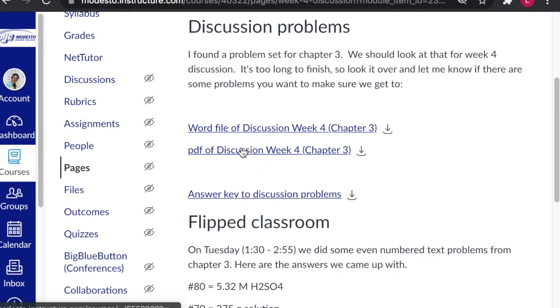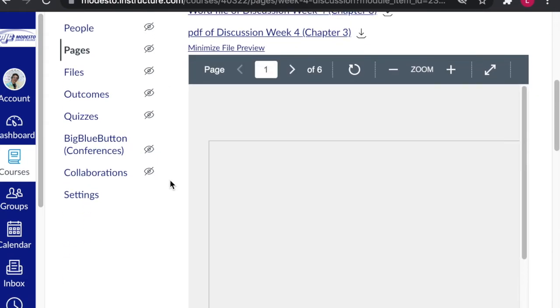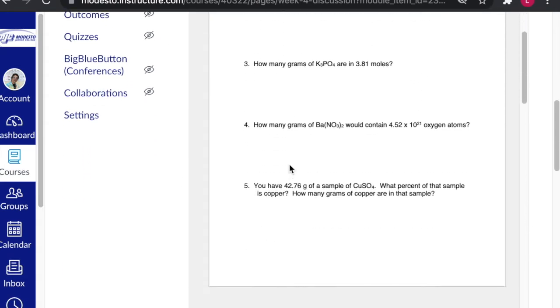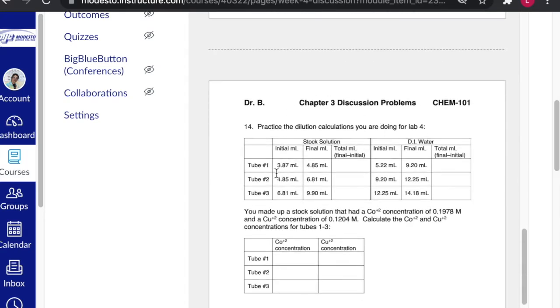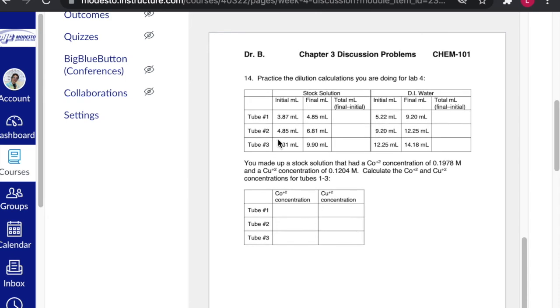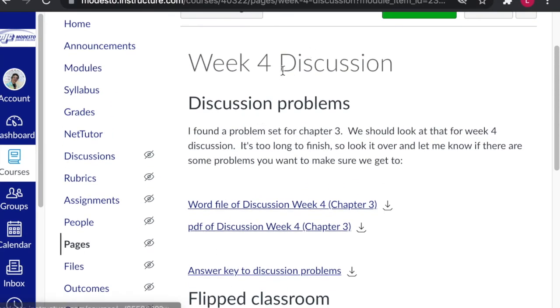We did not get to all of them during discussion, but one of the problems in there is a practice of dilution calculations for lab 4. So let's take a look at a couple of those. If you want to do the rest of them, they're in this week 4 discussion page, and the answer key is there as well.